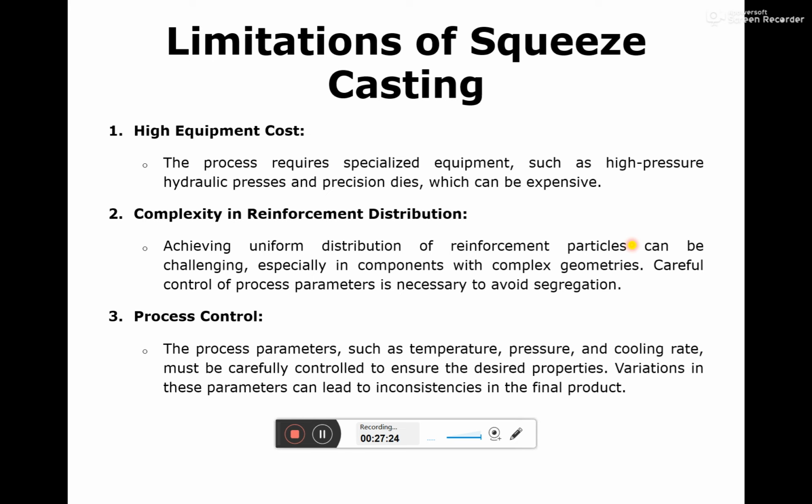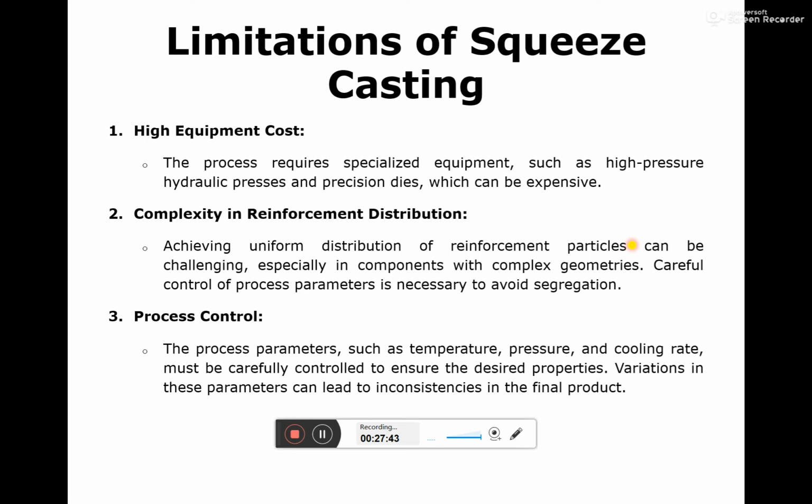The limitations: compared to stir casting, the cost of squeeze casting is very high because an additional hydraulic press is added to the stir casting setup. That's why the equipment cost is very high.